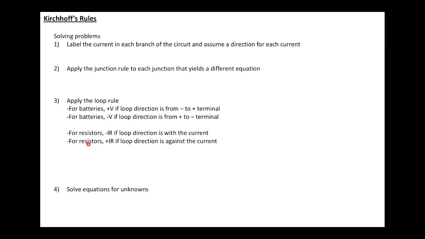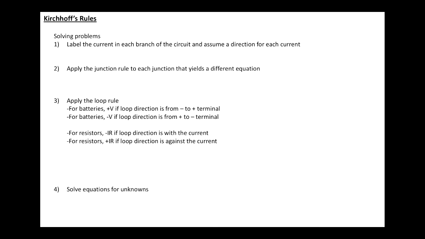However, for resistors, I have to consider whether I'm analyzing in the same direction as the current or in the opposite direction. If I pretend current is flowing down my arm in this direction, and maybe the watch is a resistor causing a potential difference, if I analyze going against the current, that's the same thing as stepping up in potential because I'm going to a higher level.